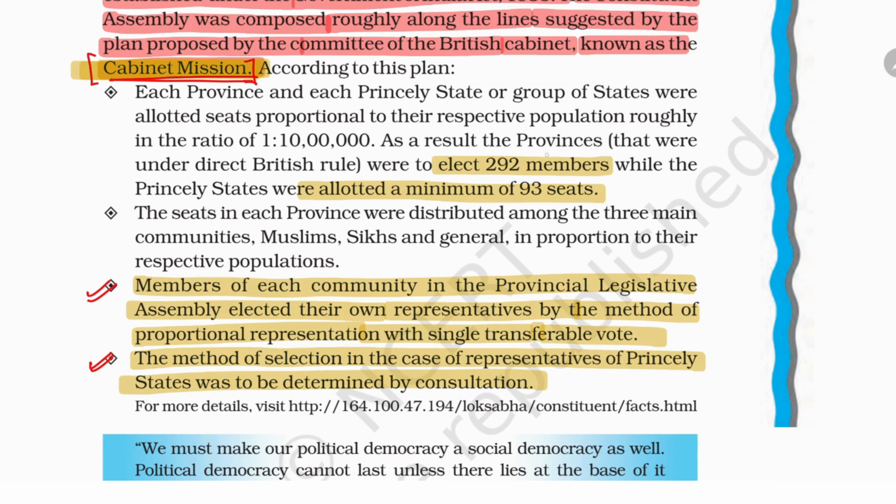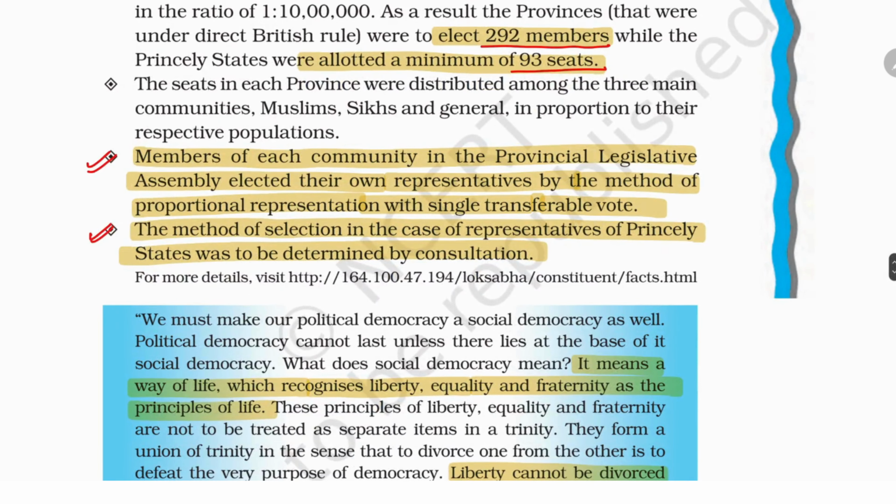As a result, the provinces that were under direct British rule were to elect 292 members, while the princely states were allotted a minimum of 93 seats. The seats in each province were distributed among the three main communities, Muslims, Sikhs and General, in proportion to their respective populations.